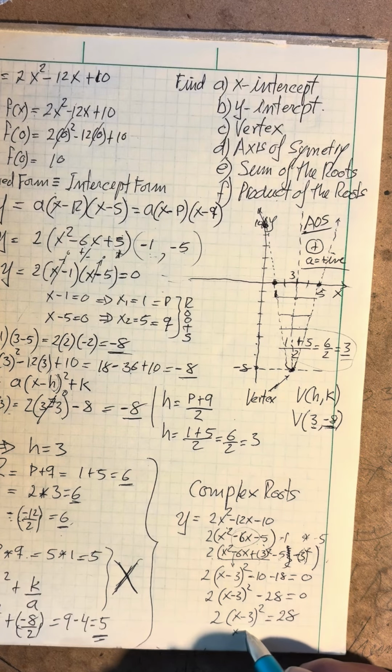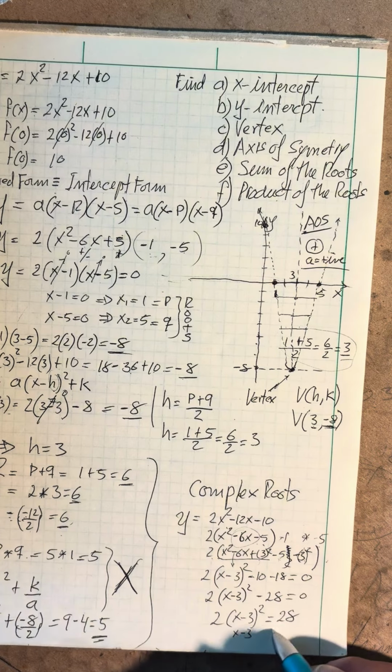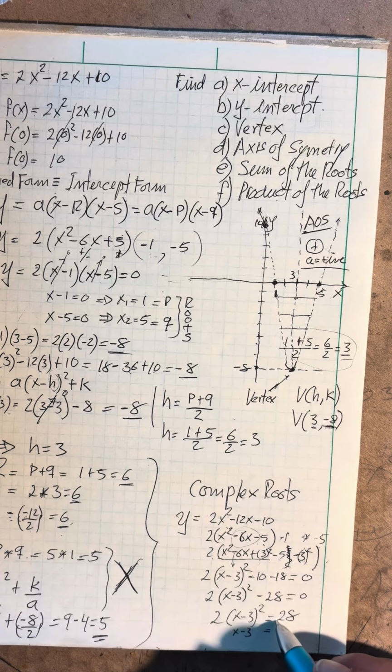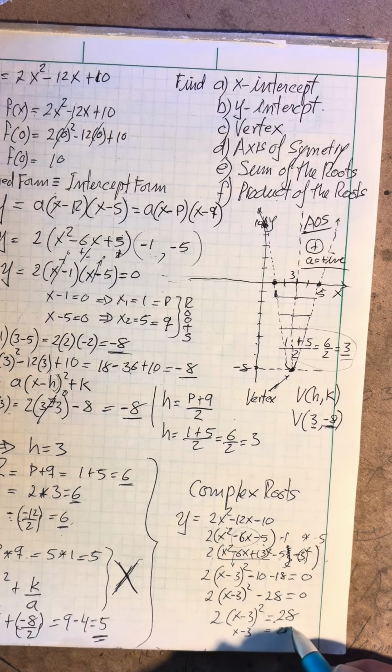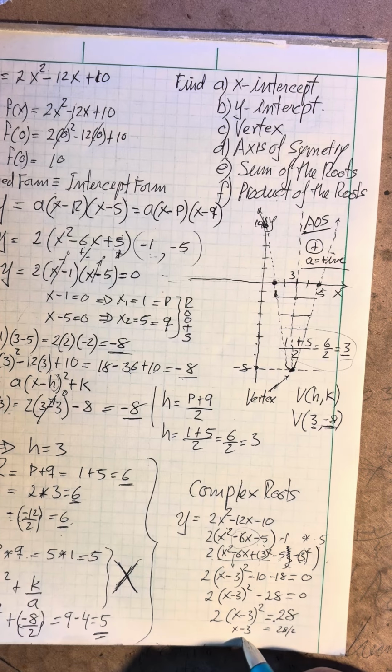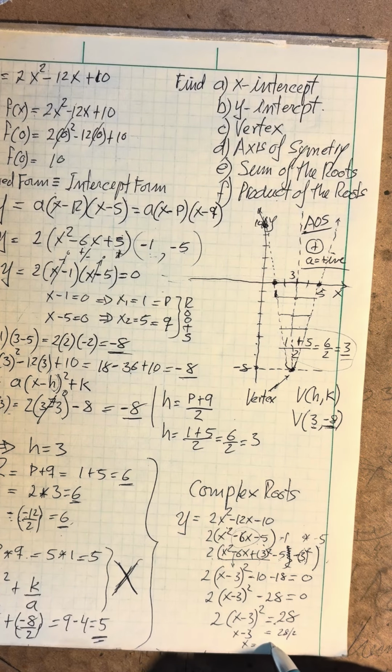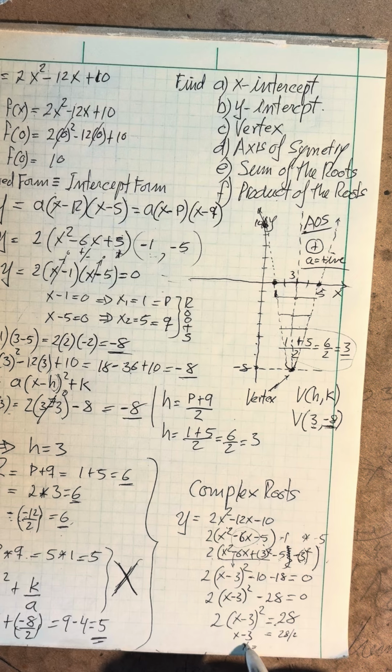Let me write this: 28 divided by 2, and then x is equal to, oh, wait a minute, where did I make it?